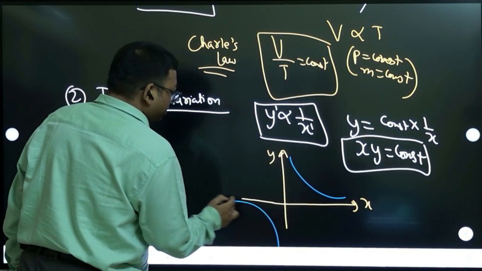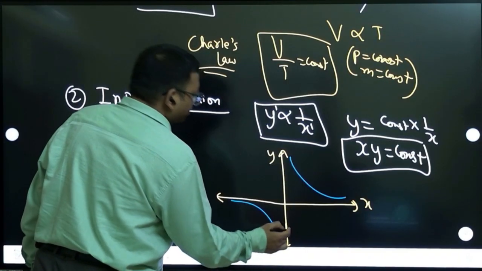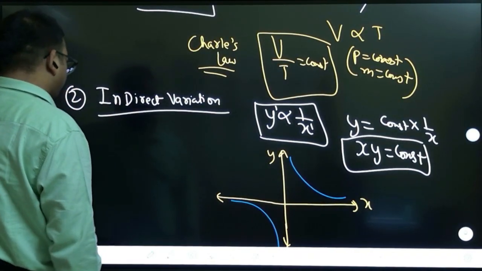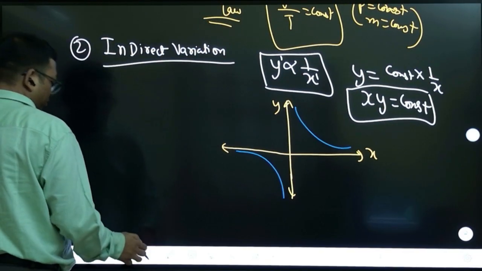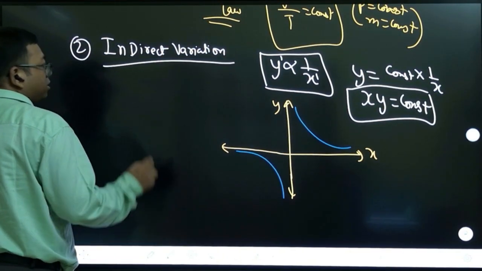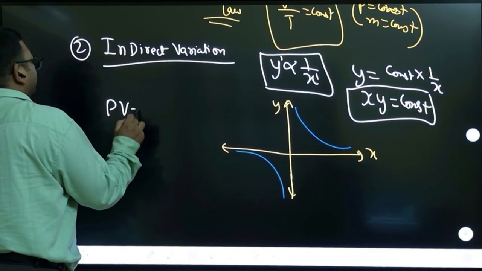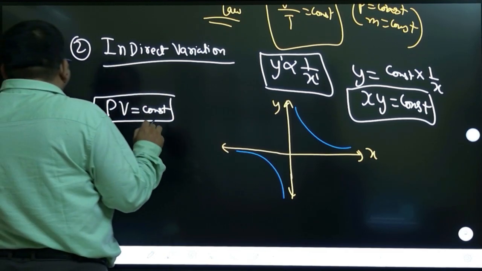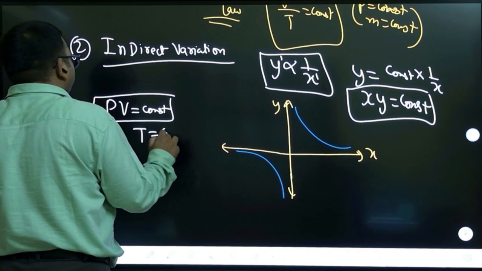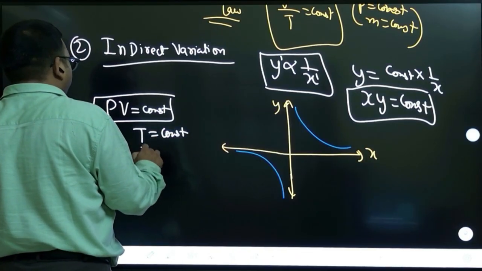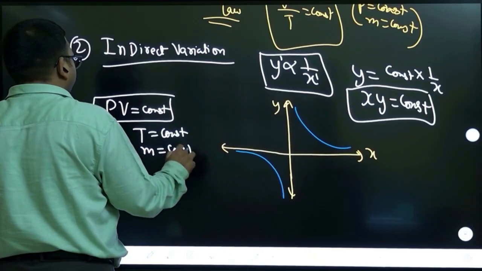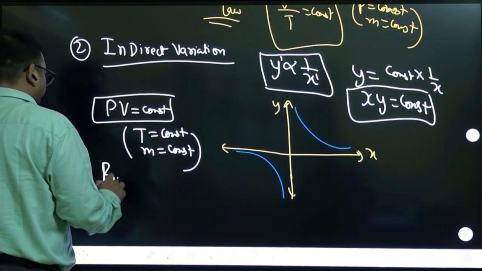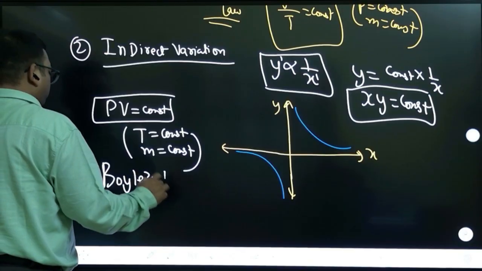Not exactly matching, but it appears to be matching. Right. Then what are the applications of that? So PV is equal to constant. Here, if you are keeping temperature constant and mass of the gas is constant, this is called Boyle's law.